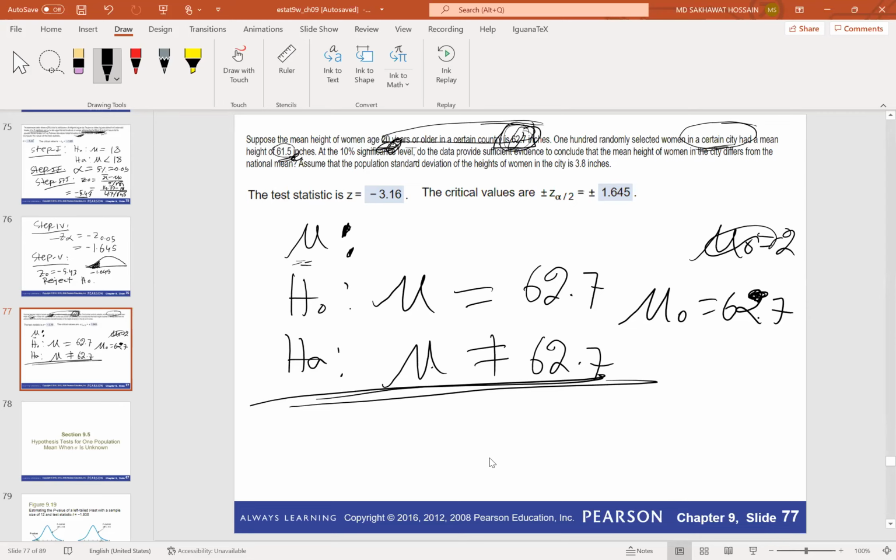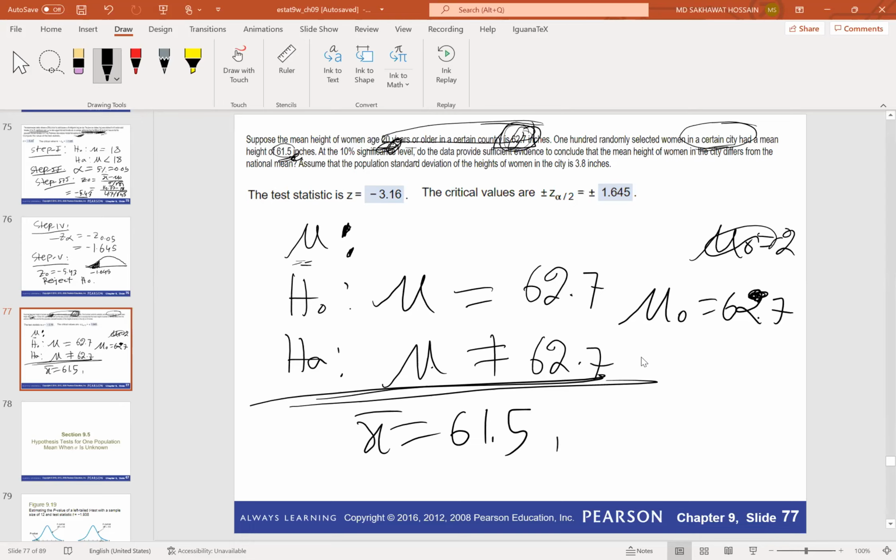This is a two-tailed test. So what is the sample mean? The sample mean X bar is 61.5. And 62.7 is the hypothesis value. What is sigma?